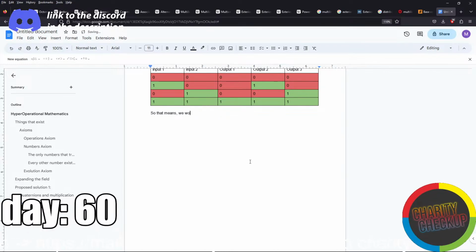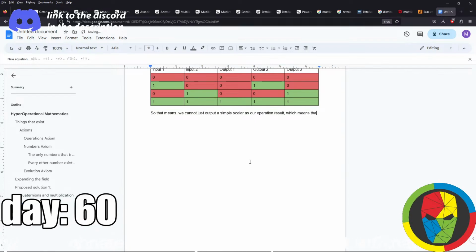That means we cannot just output a simple scalar as our operation result. One thing. So what can we do?